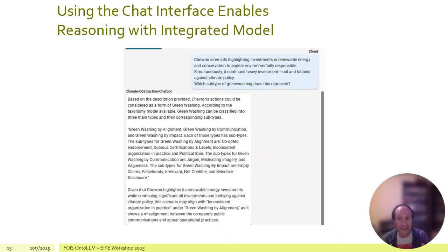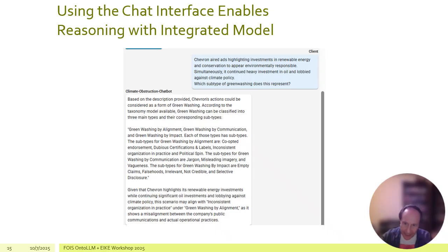But to do reasoning, like here's a new example of greenwashing, what kind of greenwashing is it? The chat interface is much better, and you can see, it gave me a very lengthy answer, but at the very bottom, it did give me what I was really looking for, which is it says it's inconsistent organization in practice under greenwashing by alignment.